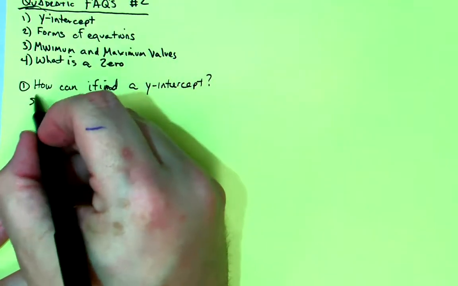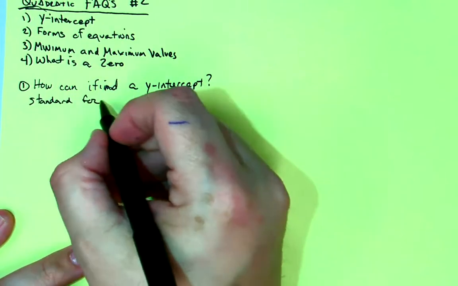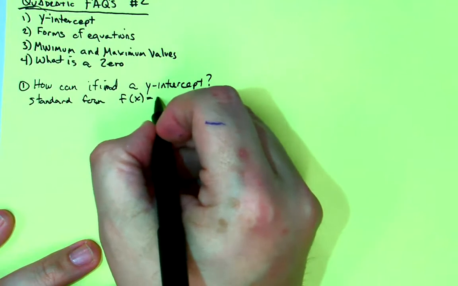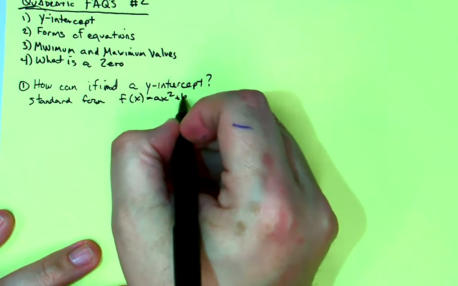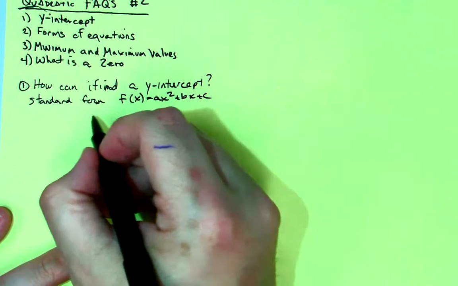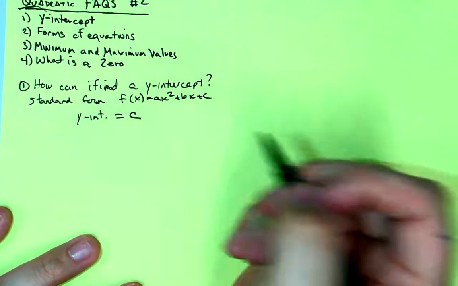In standard form, this is nice and easy. For f of x is equal to ax squared plus bx plus c, which is where we do a lot of our work, the y-intercept is equal to the c value.